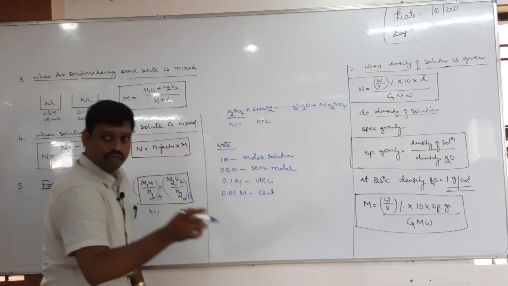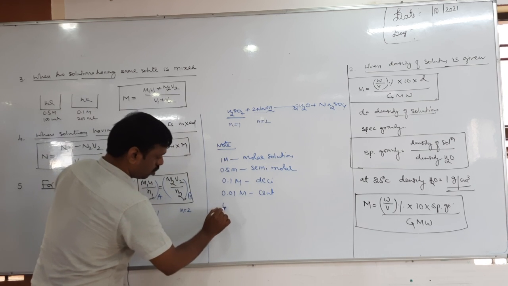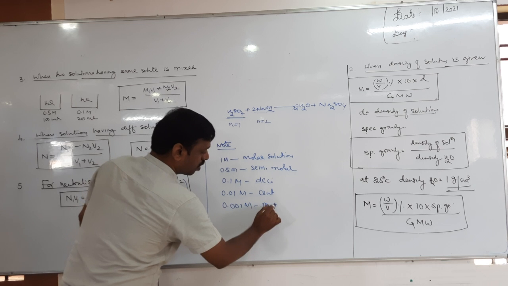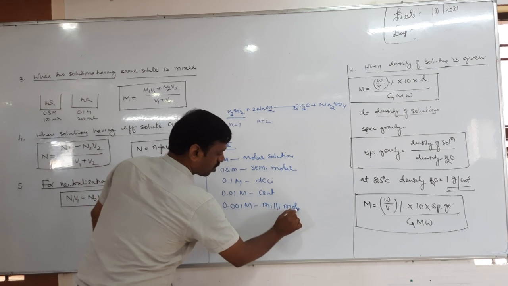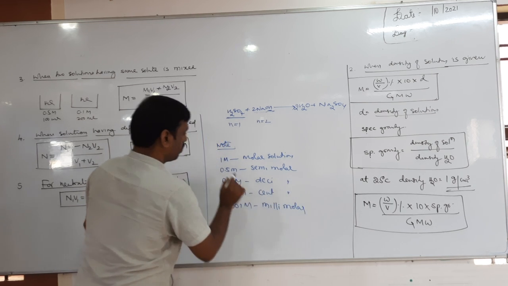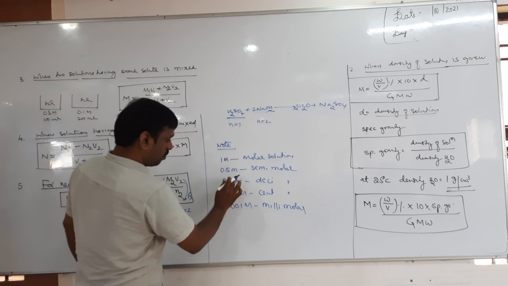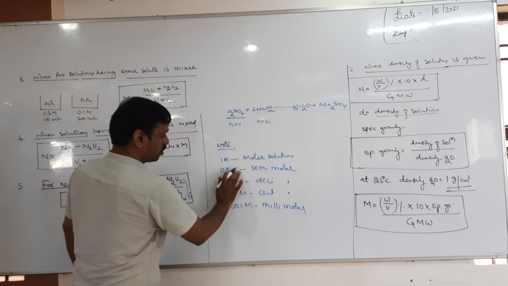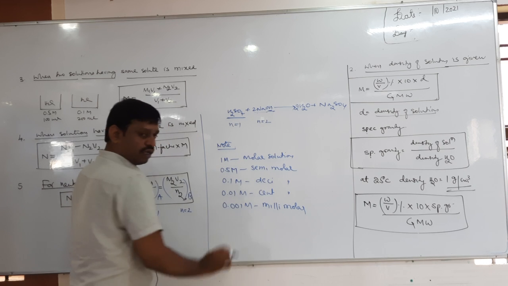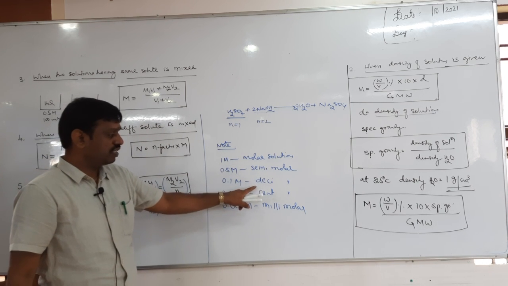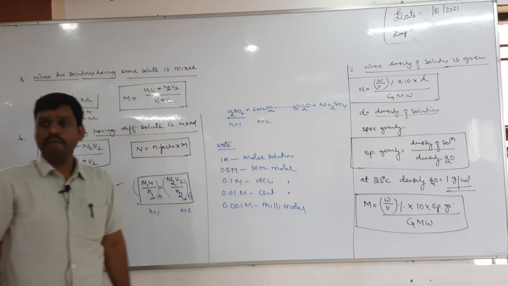Deci, centi, milli, micro. 0.001 is millimolar. So molar, semimolar, decimolar, centimolar and millimolar.